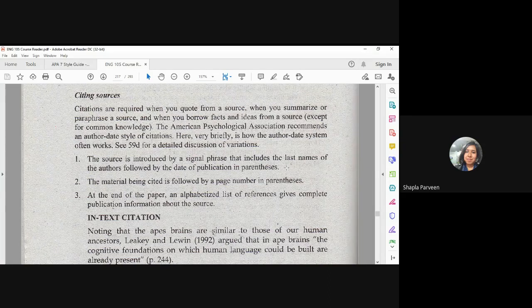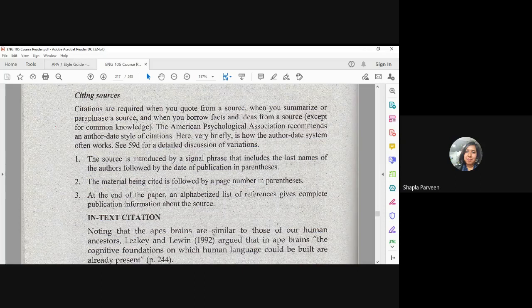But if you summarize, then the page number is not always required, because if you summarize a few pages and write just one paragraph, the page number is not that necessary, but you can still put it. So that's one of the ways: if you use a signal phrase, then after the author's last name, in brackets, the year of publication, and after you paraphrase, summarize, or quote, at the end you provide the page number.